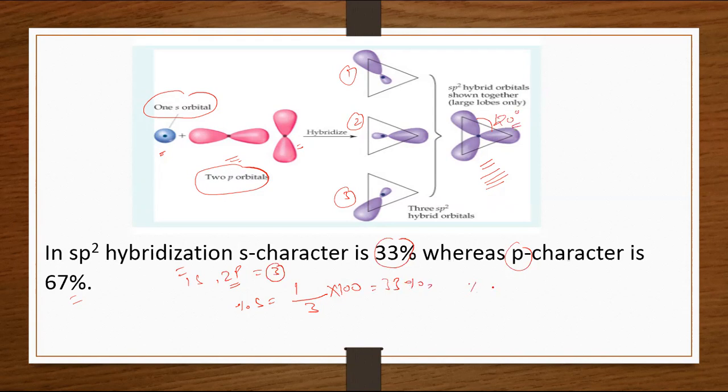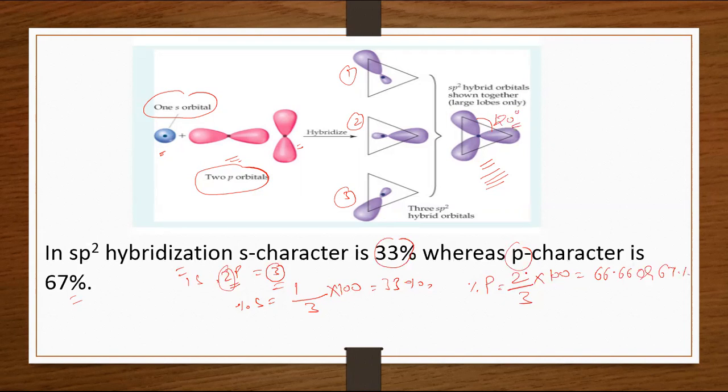Similarly, percentage p character will be equal to how many p orbitals are there? 2 divided by total number of orbitals, 3, into 100, and the value comes to be 66.66, or 67%.